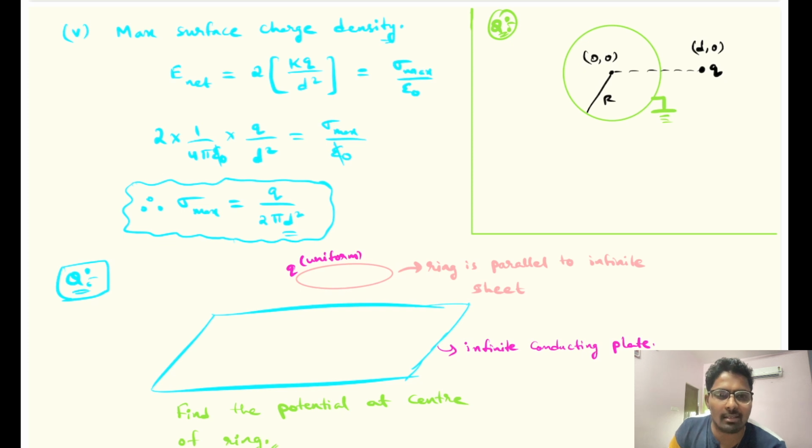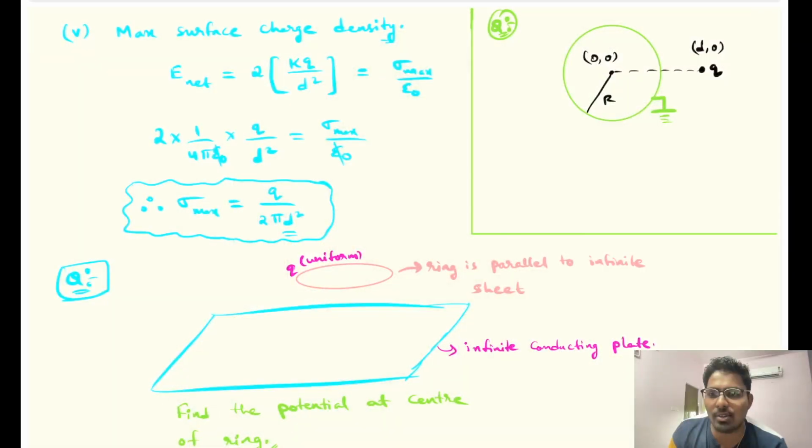Simply you need to understand the concept from the start. In the beginning itself I told you, if you are able to get an equivalent setup where you can replace the entire non-uniform charge distribution with a point charge, then once you get two point charges, it's a completely easy setup for you.